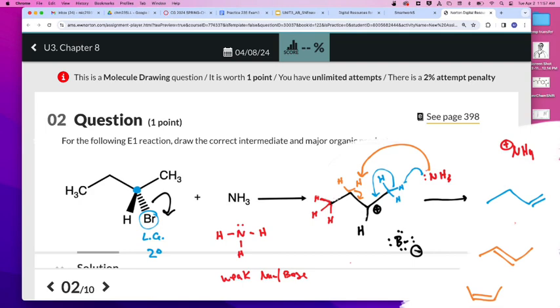Why do I not have to worry about stereochemistry in this particular scenario? It has nothing to do with it not asking it. It has everything to do with the fact that we actually already answered that question. When we look at the formation of the pi bond, do I have stereochemistry? Do you see wedges and dashes?